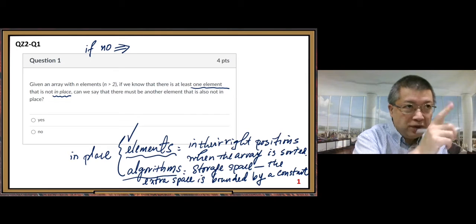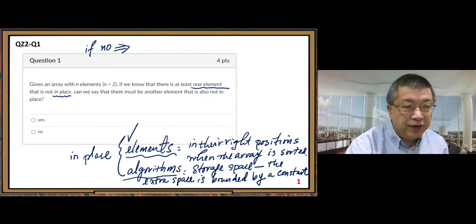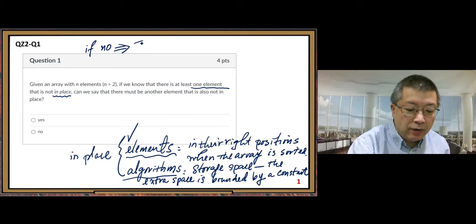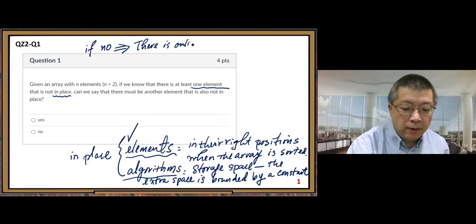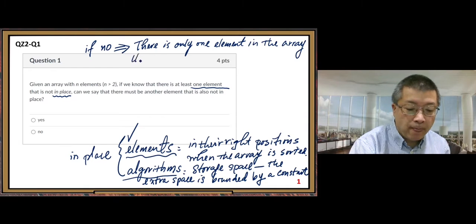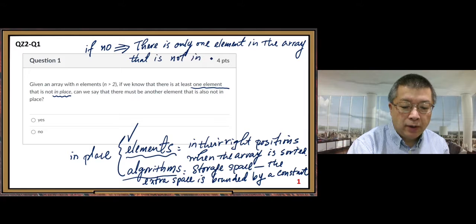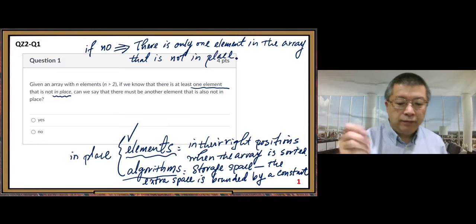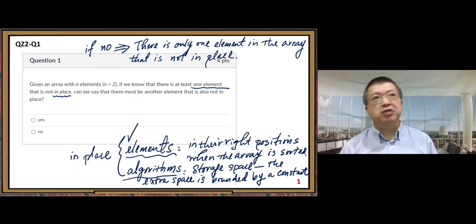So in this case, you get this situation: there is only one element in the array that is not in place.